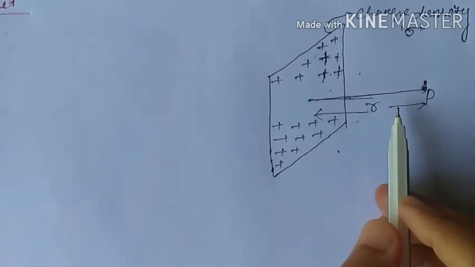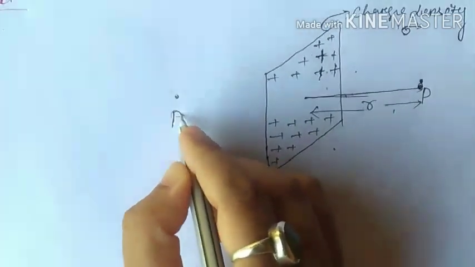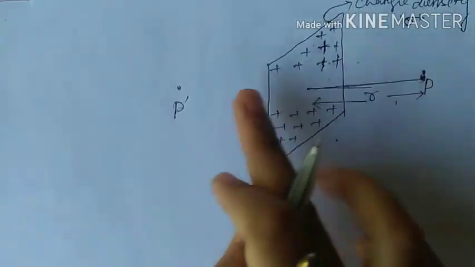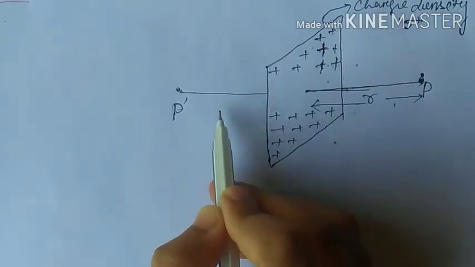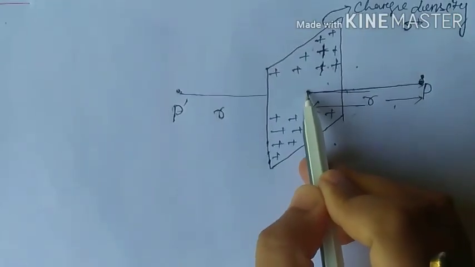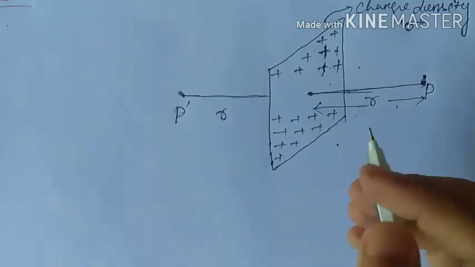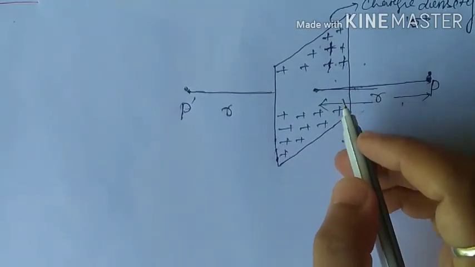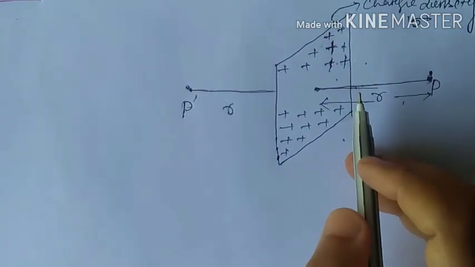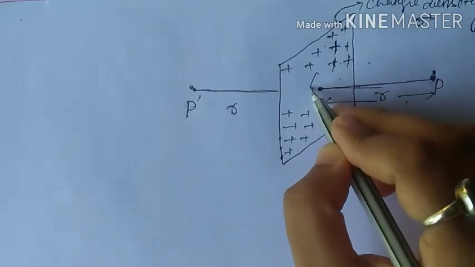For that we take two points P and P dash here in the opposite direction, equidistant from the sheet at a distance r to maintain the symmetry in both directions. As the electric field lines are parallel, if we join all these, what will it look like?